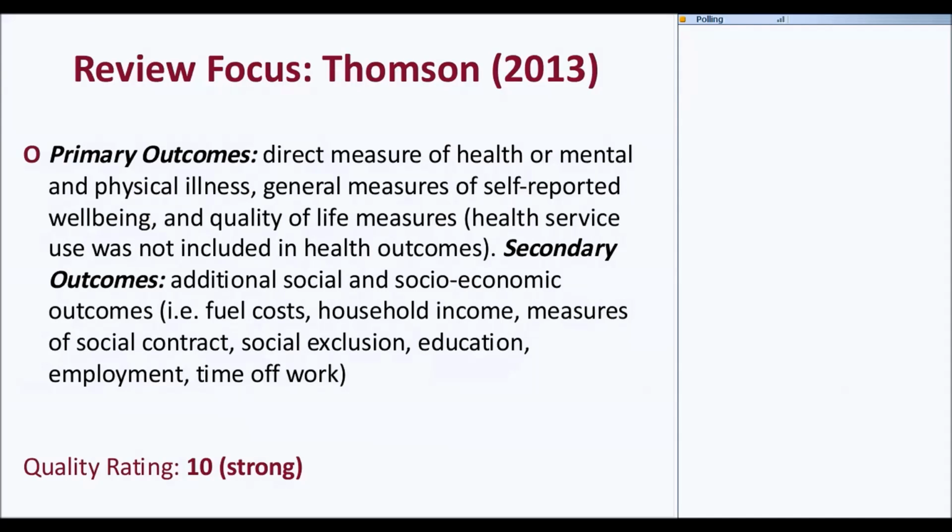At the bottom there, you can see quality rating 10, which equals strong. On Health Evidence in the registry, we assess the methodological quality, as I indicated earlier, and this review received the highest rating it can get, a 10 out of 10.